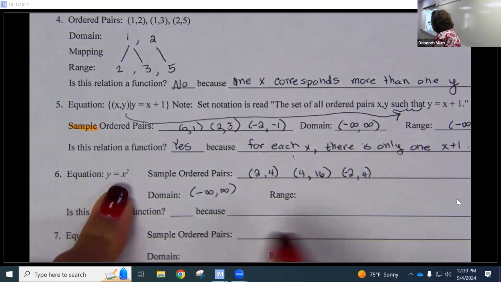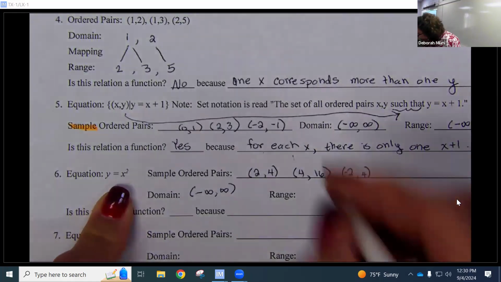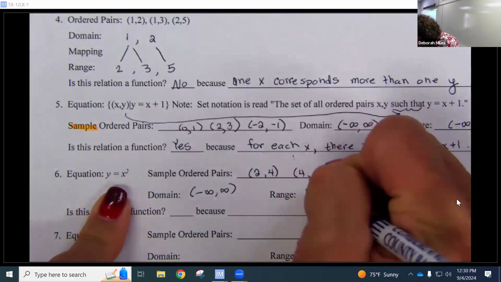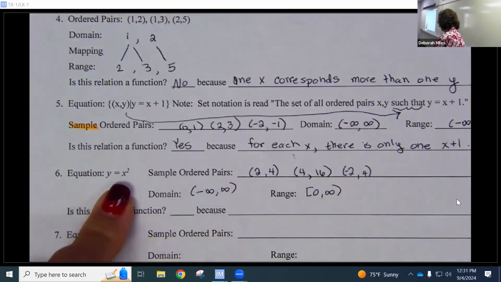Can't get a negative number. There's one number I can get that's not positive though. 0. So what's the range? 0 to infinity, not just the positives, but 0 to infinity would be the y values that can be obtained from that relation.